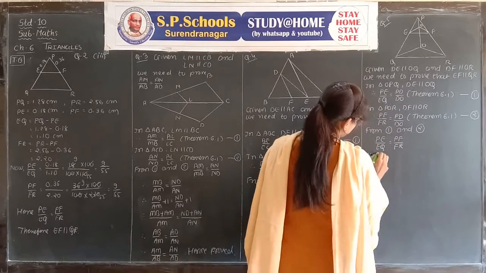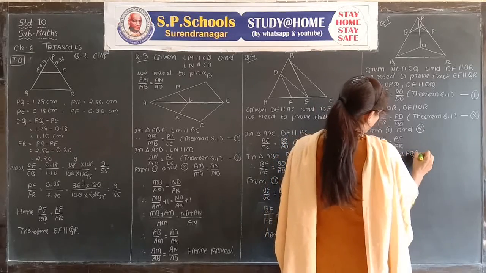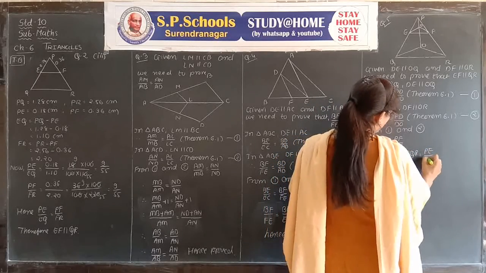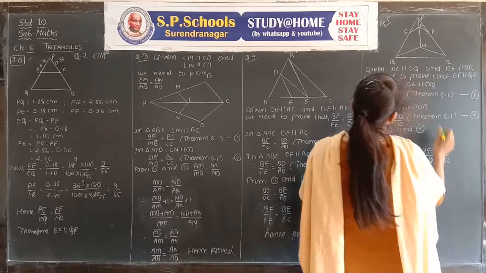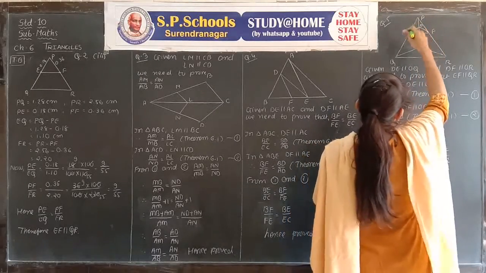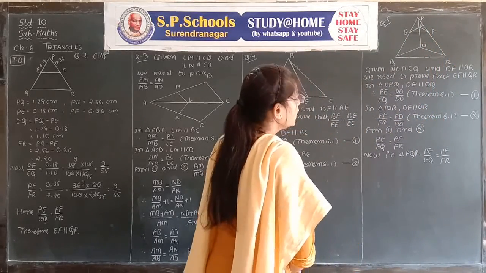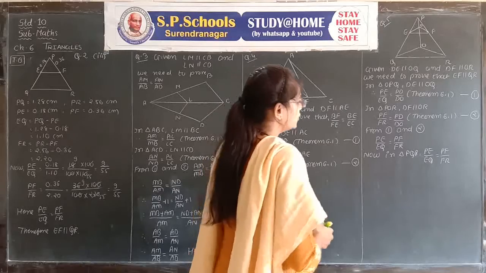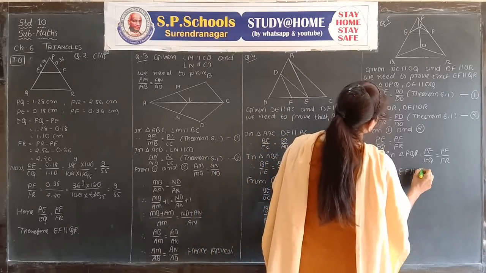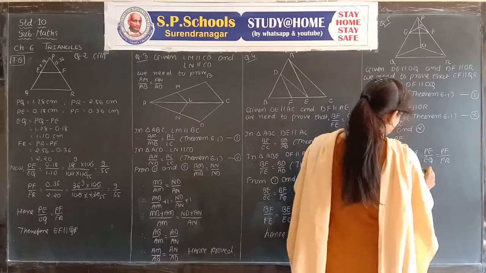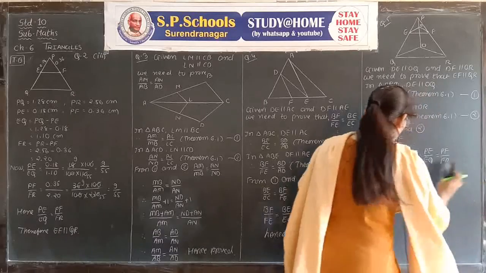Now in triangle PQR, PE upon EQ is equal to PF upon FR is obtained. Therefore, line EF is parallel to QR, using Theorem 6.2.